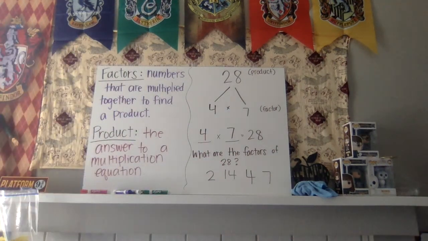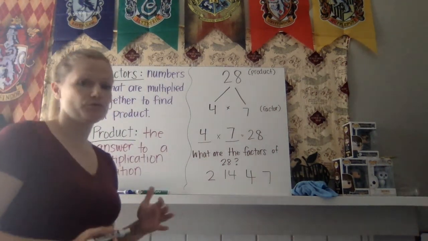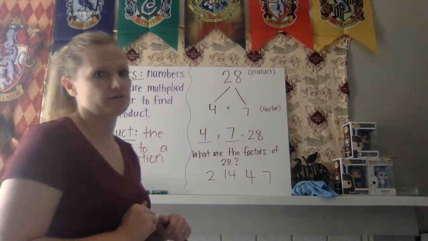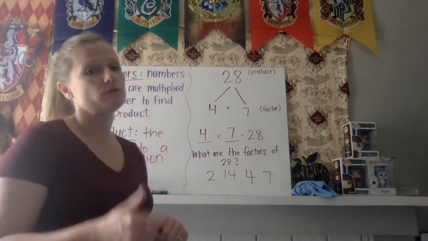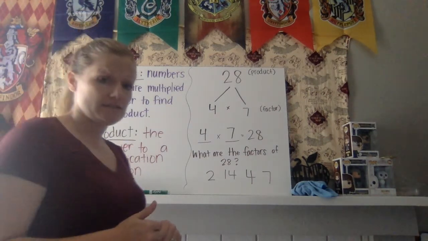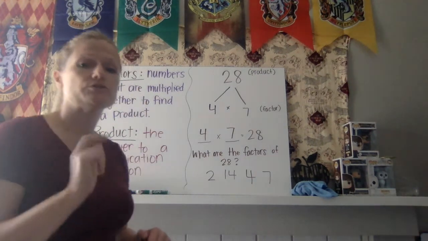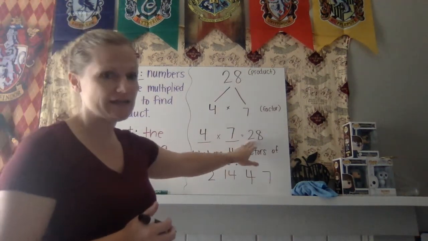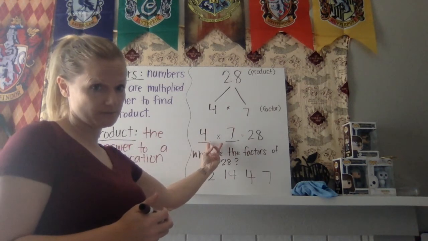Now you can still go through and rote count by 5s: 5, 10, 15, 20, 25, 30. It's not a factor. 6, 12, 18, 24, 30, 36. 6 is not a factor. 7s: 7, 14, 21, 28. So 7 times 4 is 28 if we flip these numbers around.